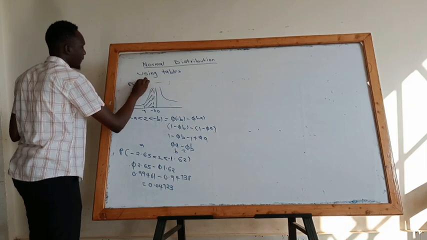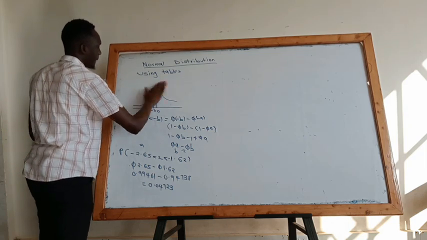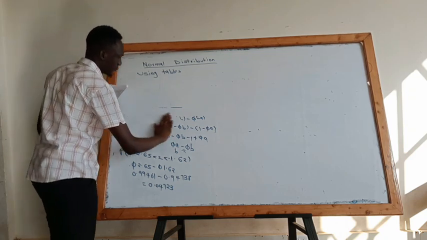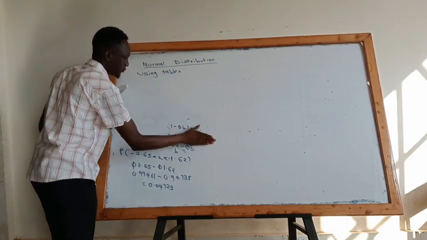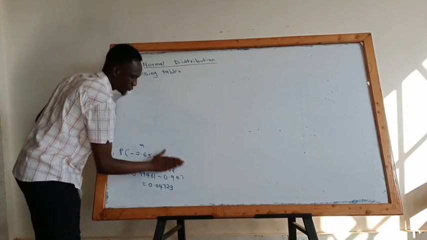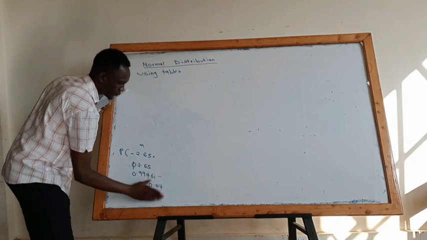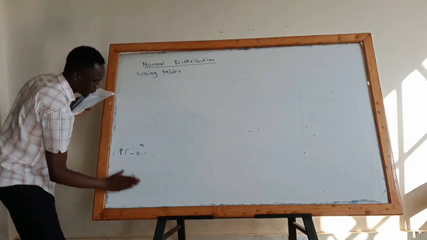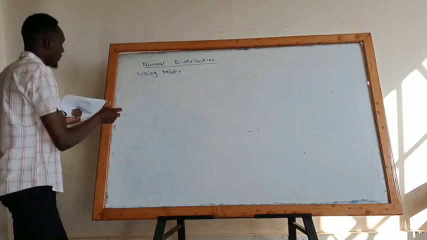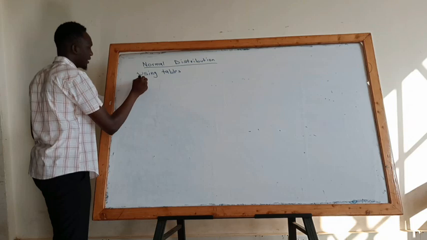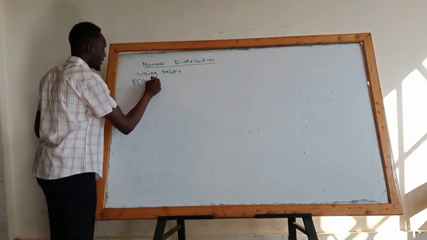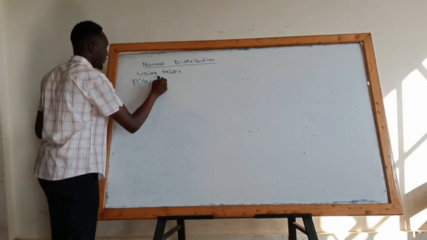Lastly, last identity. Let's say find the probability that the absolute value of z is less than a.